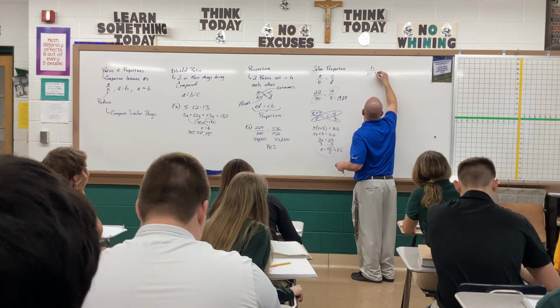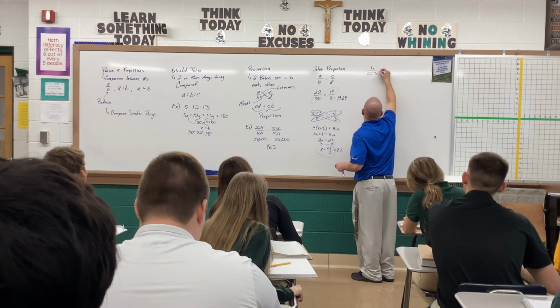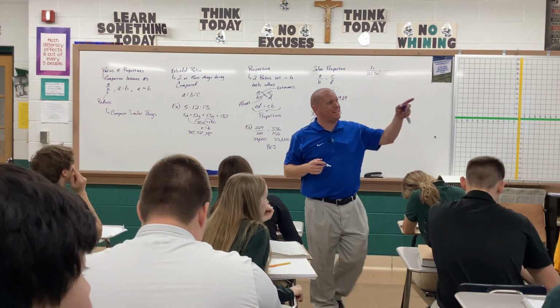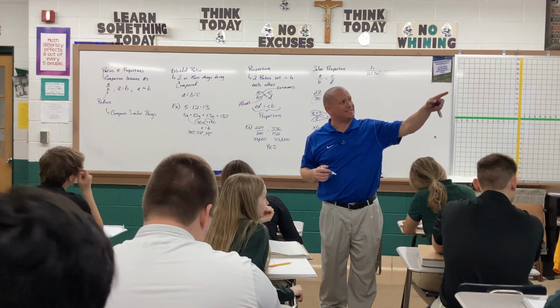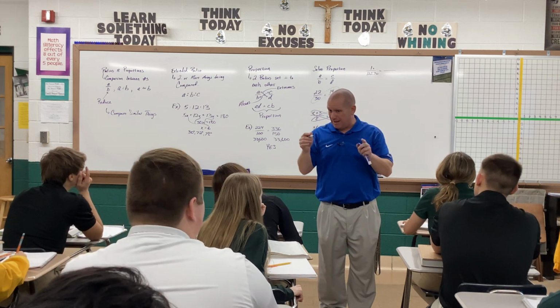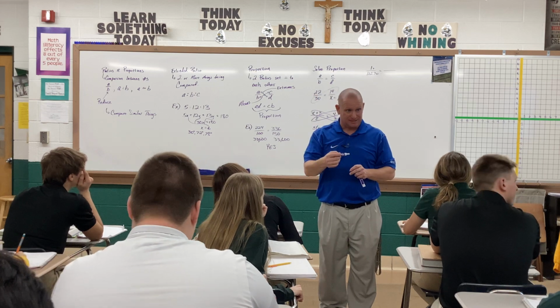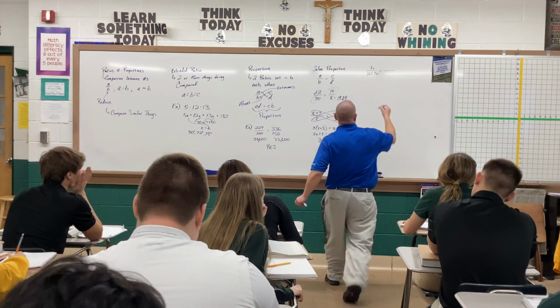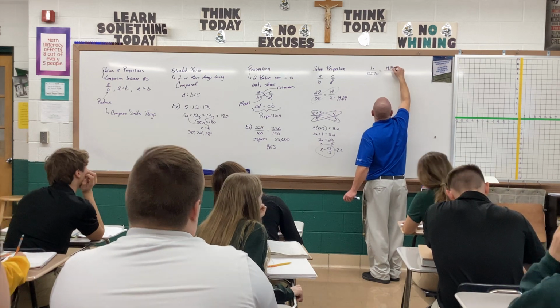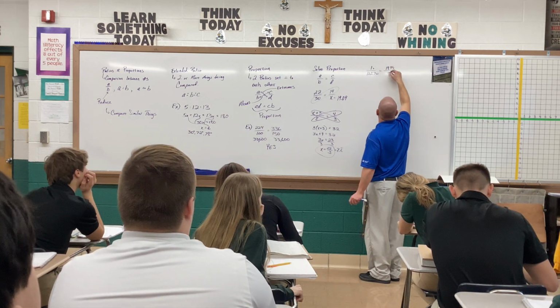This is my old pesetas. And so now, when I set up my second one, it says a shirt costs $19.95 US dollars. Your label has to go in the same spot. Okay? So this one is dollars, so it's got to go on top. And then we would have our P down here.